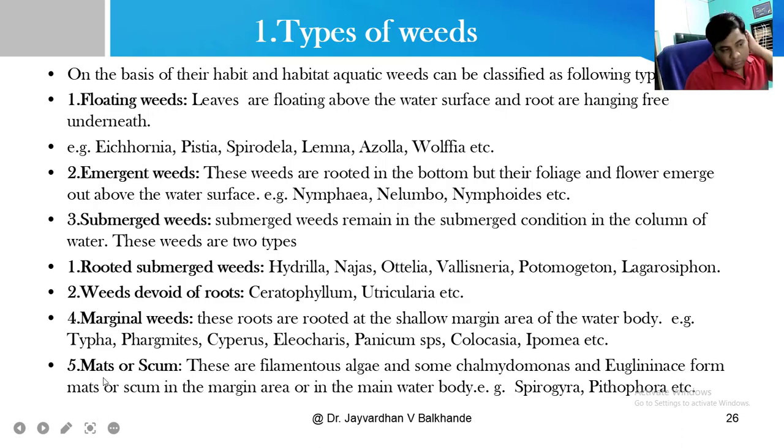Before eradicating a weed from the water body, we should check whether these weeds are harmful to the fishes. By observing these weeds, we can decide whether to remove them from the water bodies.